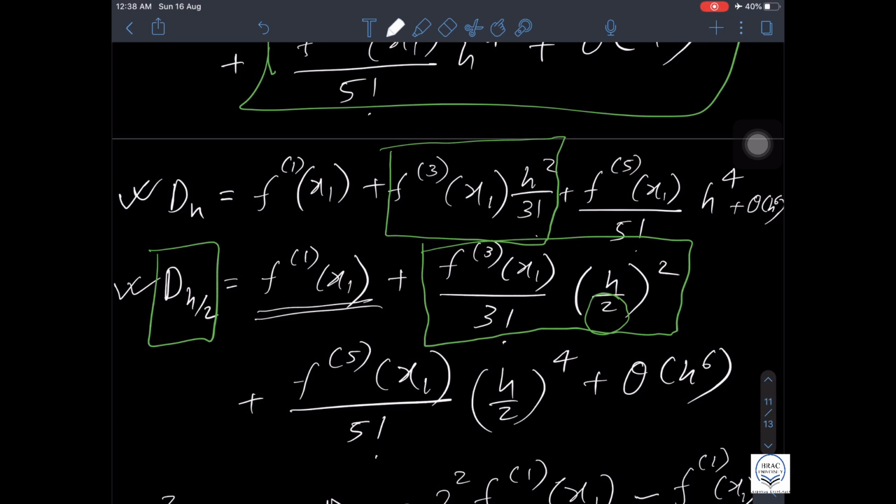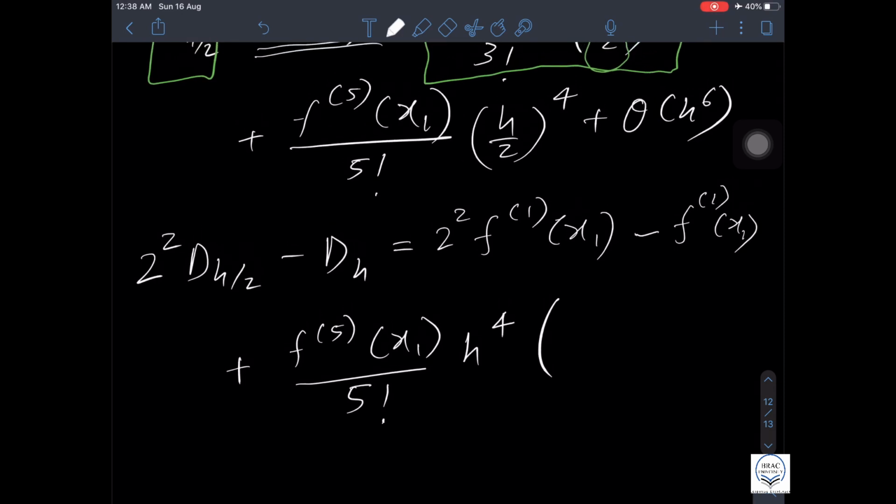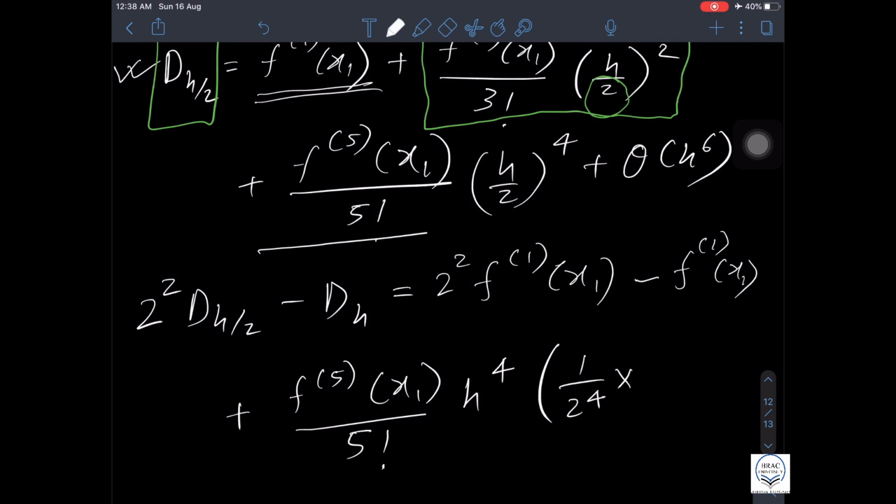Then what you get here is plus f5 x1 by 5 factorial. You'll have h to the power 4 here, and you'll be left with 1 by 2 to the power 4 into 2 square.